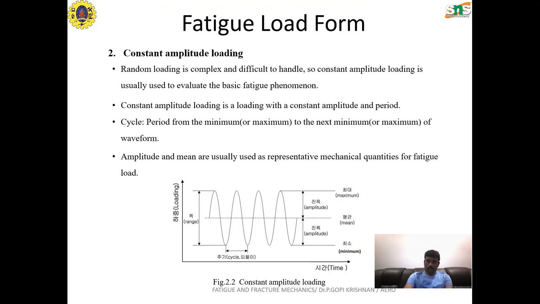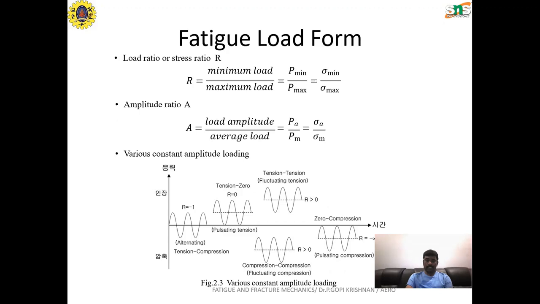If the R value is equal to -1, we get alternating tensile and compressive forces in the sinusoidal waveform. Whereas if the R value is equal to 0, it moves to the tensile region. And if R is greater than 0, then the total sinusoidal waveform will move to the tensile force, which is called fluctuating tension.